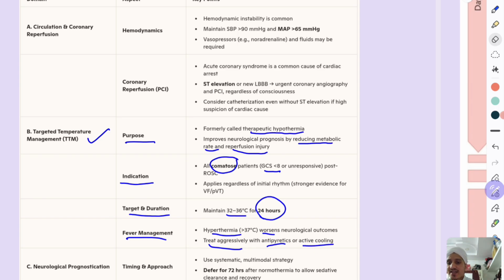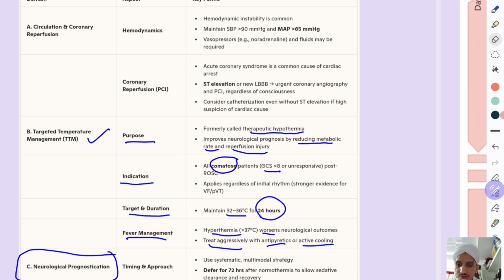Now after that, the patient has ROSC, so you will do a neurological prognostication in this patient. How will be the outcome, how will be the prognosis in this patient? This is very, very important.